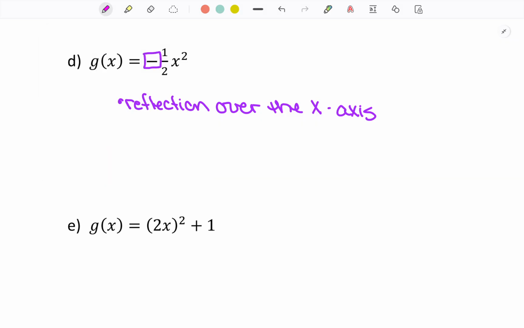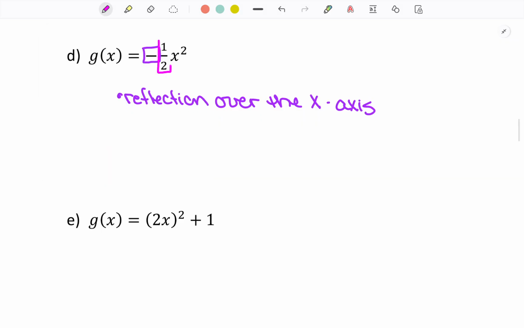Then the 1/2, that is vertical shrink by a factor of 1/2.